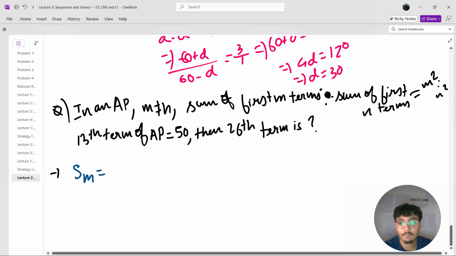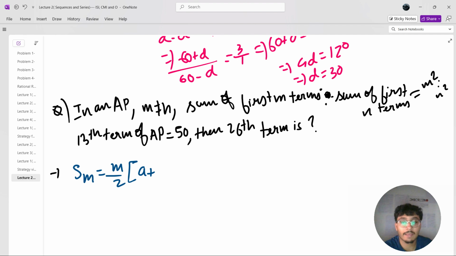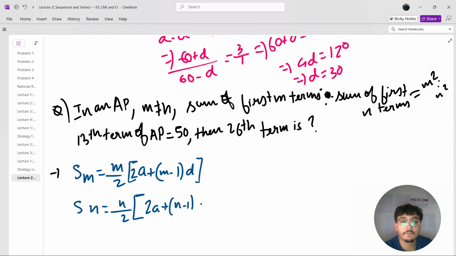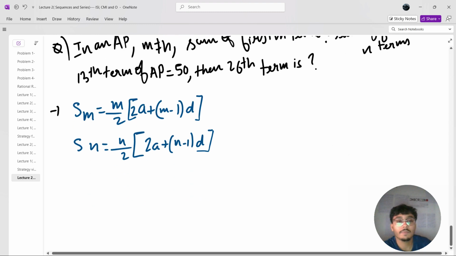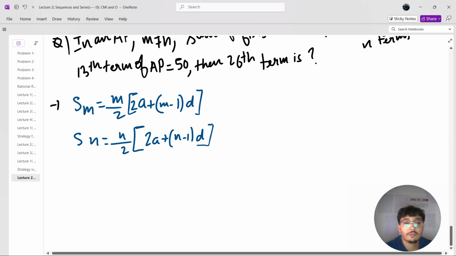Sm would be basically m by 2 into (2a plus (m minus 1) into d), and my sum of first n terms would be basically n by 2 into (2a plus (n minus 1) into d). Now my ratio of these two is given to be m square by n square.